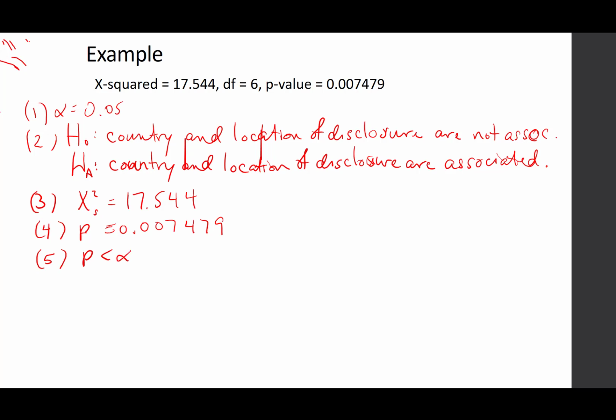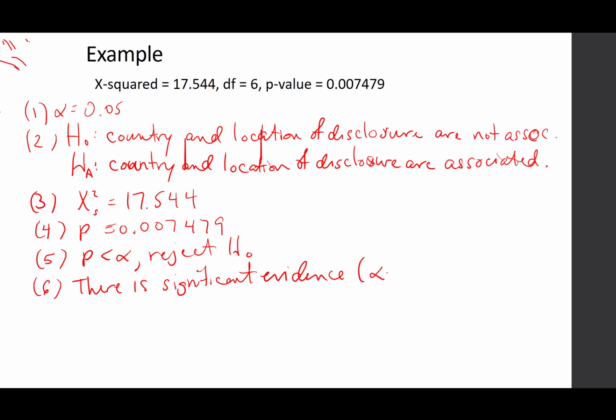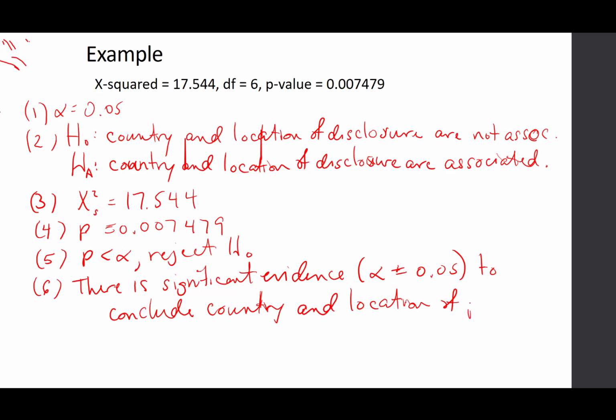Our p is definitely less than our alpha, so we reject the null hypothesis. And there is significant evidence at the alpha equals 0.05 level to conclude country and location of privacy disclosure are associated.